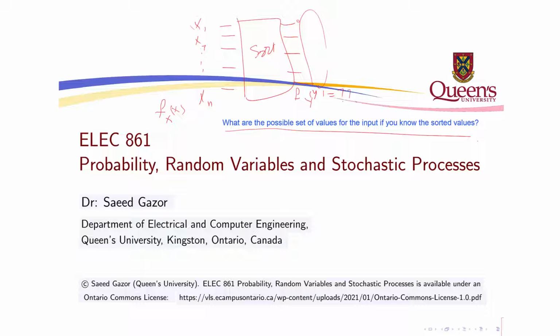How do we do that? For any problem like that, we have to see, if we know the output values, what are the possible values for the input? And here is the input of the sorting machine.